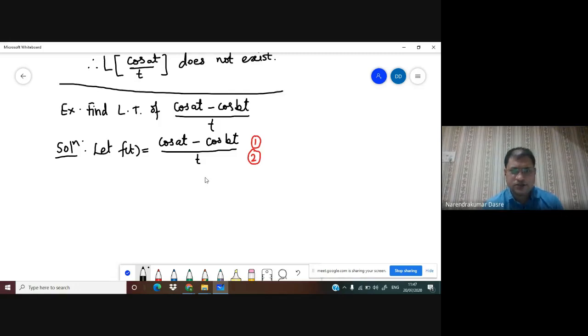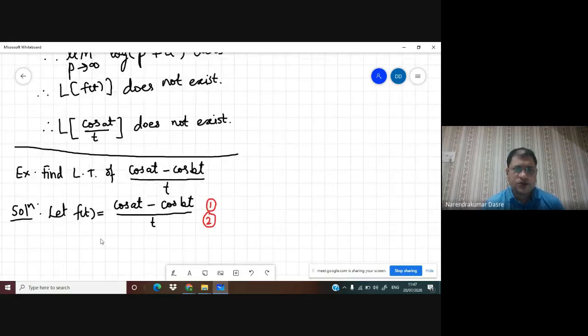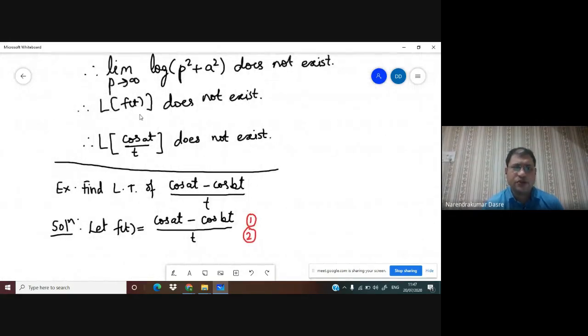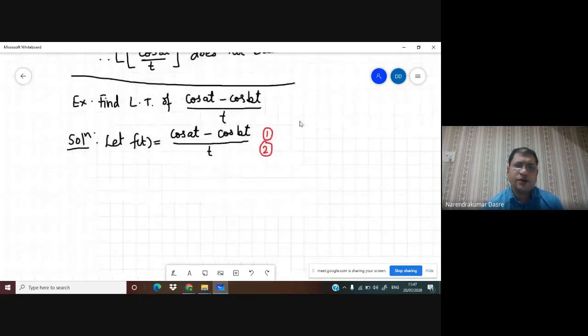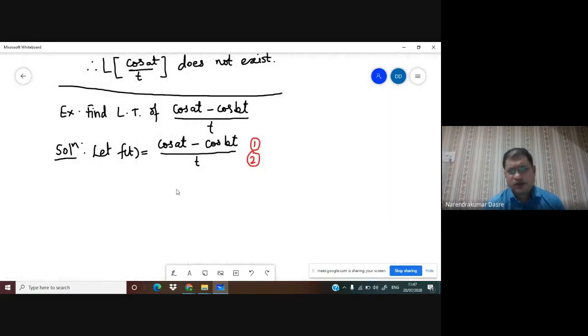In the previous example, we proved that the Laplace transform of cos at upon t does not exist, and there we had cosine terms only in the numerator divided by t, and hence the Laplace transform does not exist. So let us try to prove or disprove what we claim.